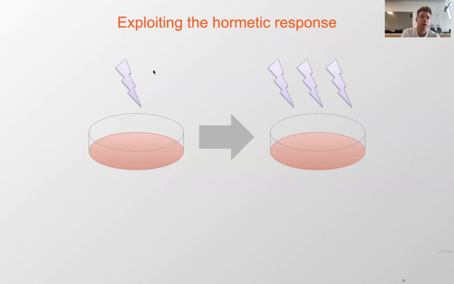So we thought about whether we can figure out a way to make the cells think that they have received a DNA damaging insult, so they will upregulate their DNA repair pathways in the future.